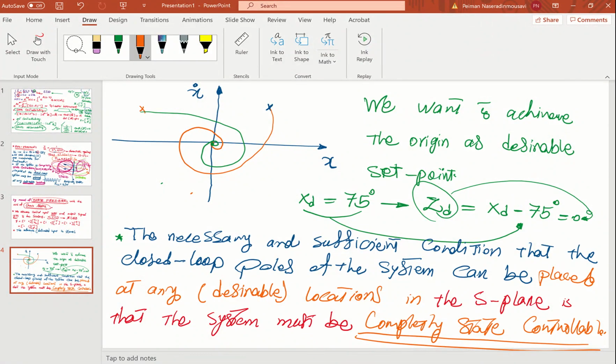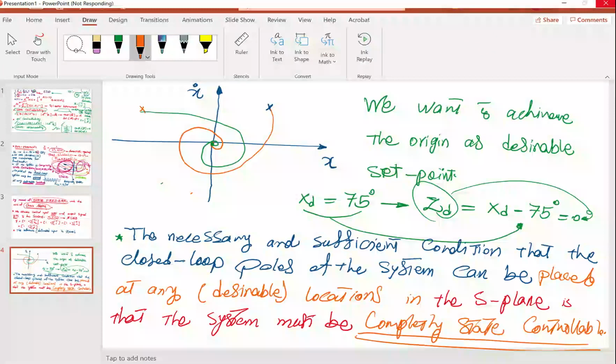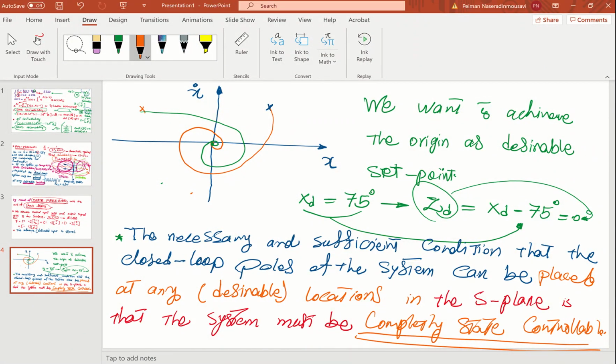So you as control engineer, first for the LTI systems, you have to check the controllability matrix. If it is non-singular or its rank for the nth order system is n, then you can proceed using the state feedback that I'm going to teach you and the gain matrix to design controller. Clear?